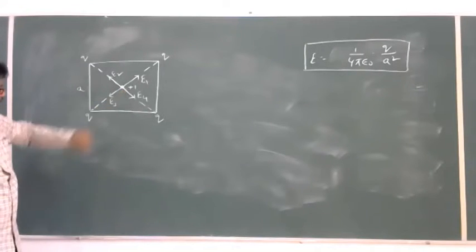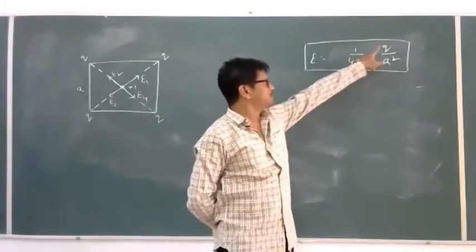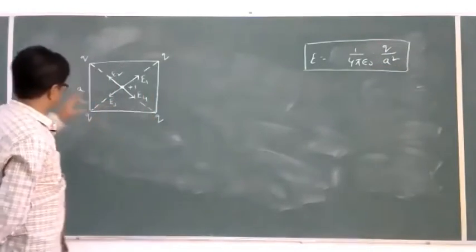To find the E value, the formula is 1 by 4 pi epsilon naught Q by A square, where A is the distance.